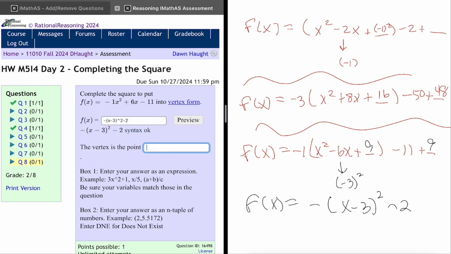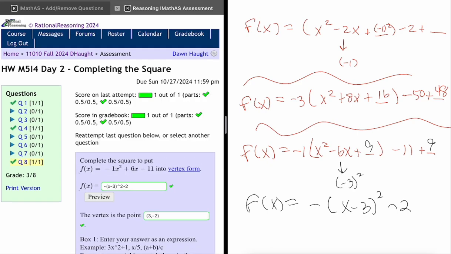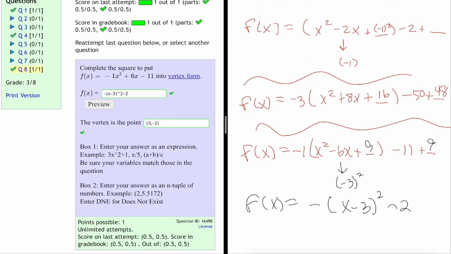So our vertex is positive 3 comma negative 2. If they let me submit. So there you go. If you get stuck on anything, just let me know. But there are a few of the homework questions for you, okay?